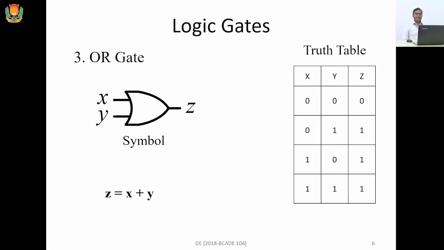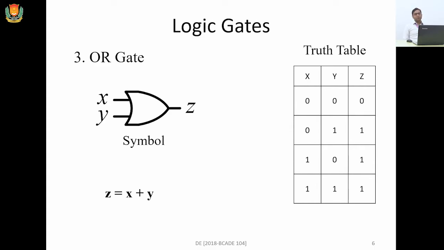If we are adding high plus high, then the output will be high logic only. That's why here 1 plus 1 is 1, not 2 in decimal or 10 in binary. Okay, I think you got it.